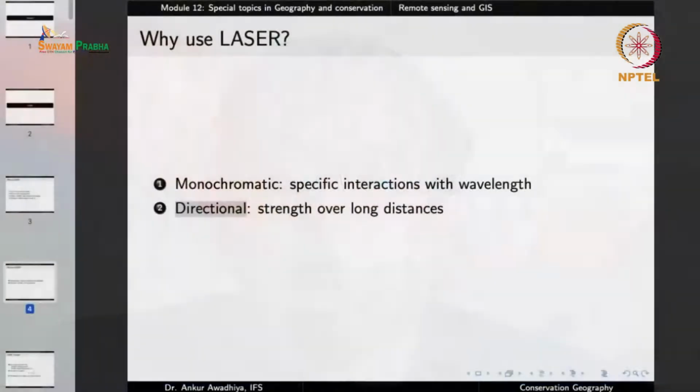If on the other hand we used a spreading beam, in that case we would have required a very large amount of energy so that some amount of information is able to come back to the sensor. But lasers, being highly directional, maintain their energy density, and so even a small amount of energy is sufficient, which allows for the generation of laser using smaller devices.